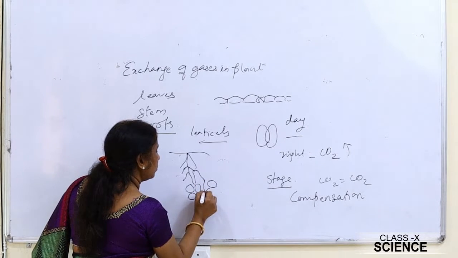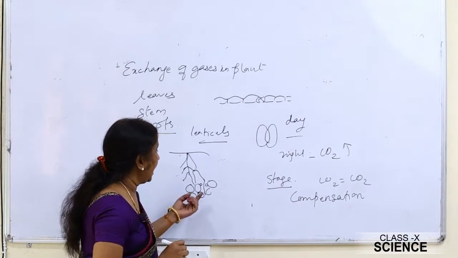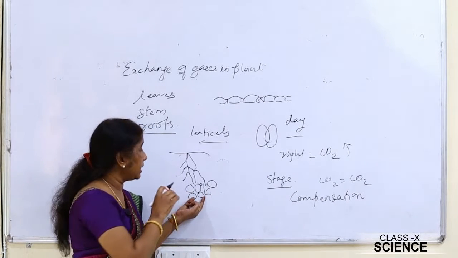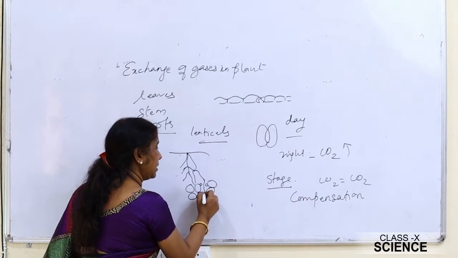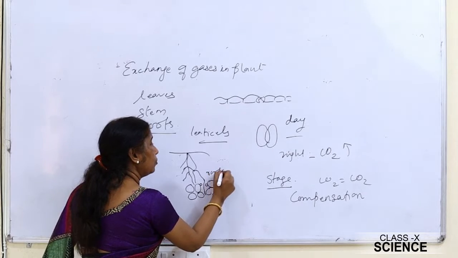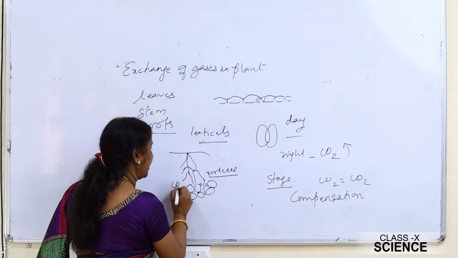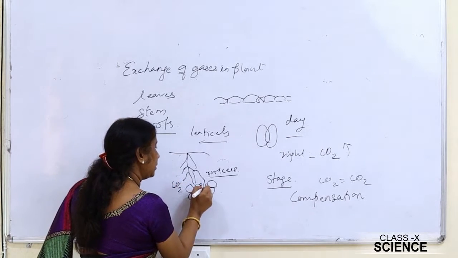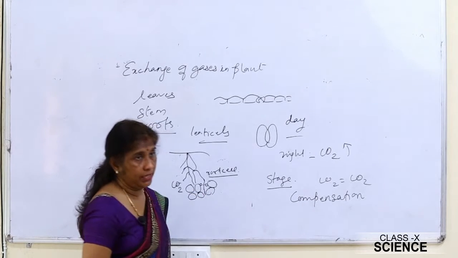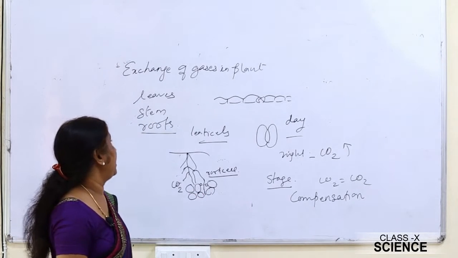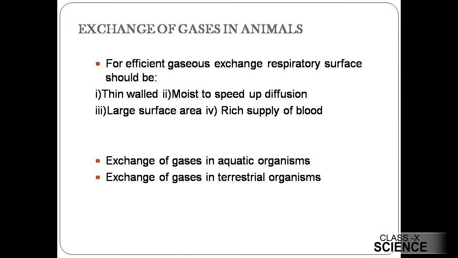The root hairs absorb oxygen from these air spaces and pass it on to the root cells, and from the root cells the carbon dioxide is discharged into the root hair, and from the root hair the CO2 is discharged into the air spaces. This is how the exchange of gases occurs in the leaves, stem and roots of the plant.